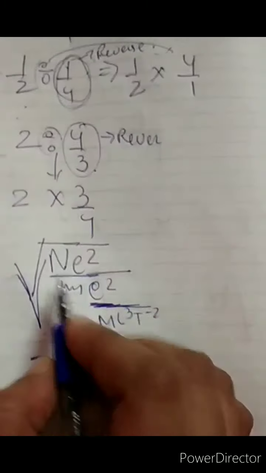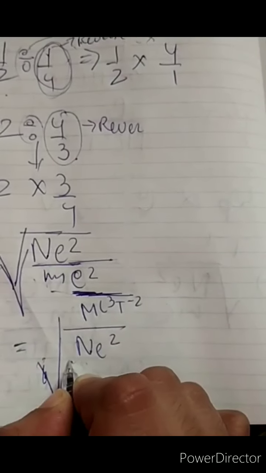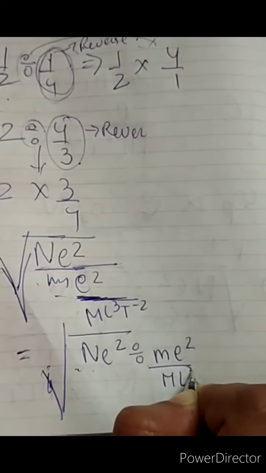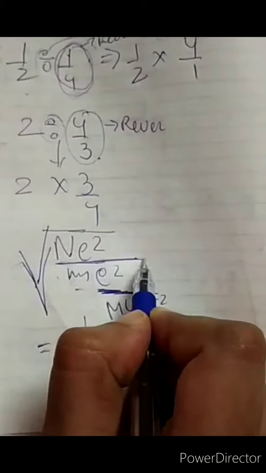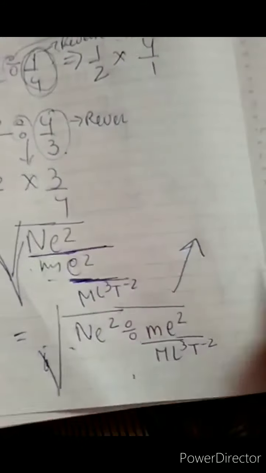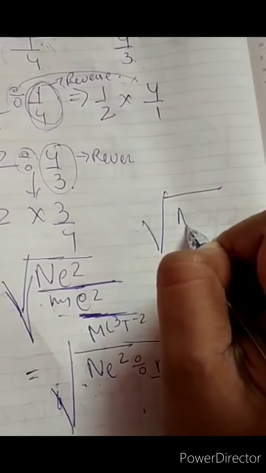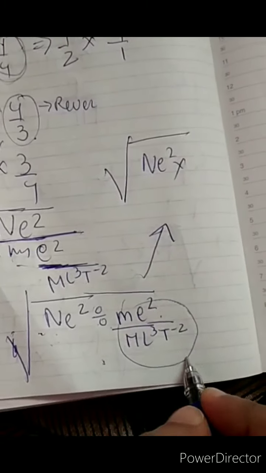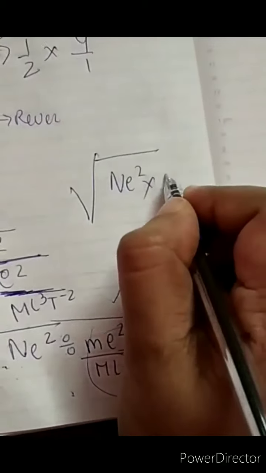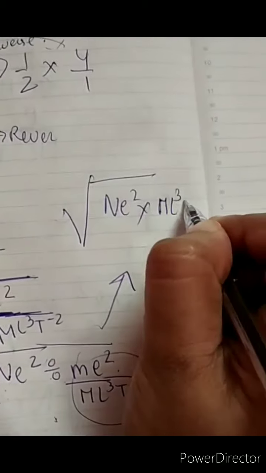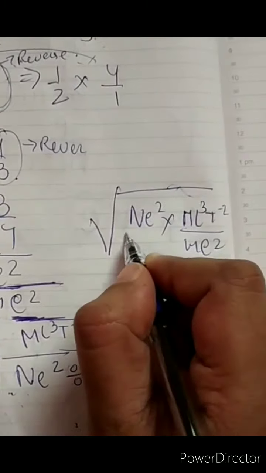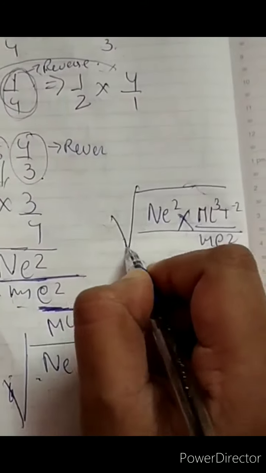N e square upon m divided by e square upon m l cube t minus 2. This is the divide sign, and if we change divide to multiply, then whatever the number after divide will be reversed: m l cube t minus 2 divided by m e square. Okay, since it is in multiplication. Okay, fine.